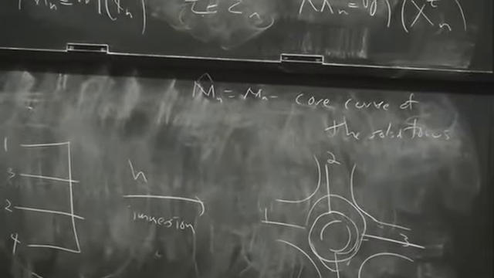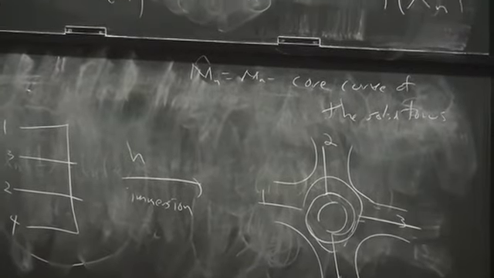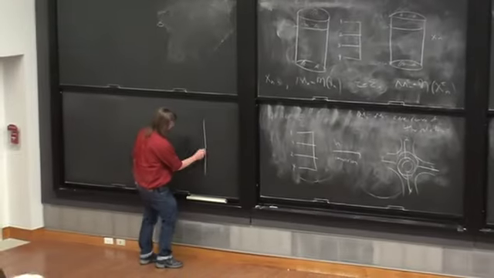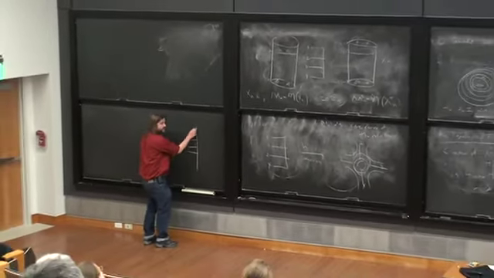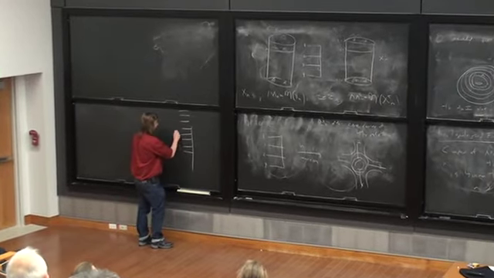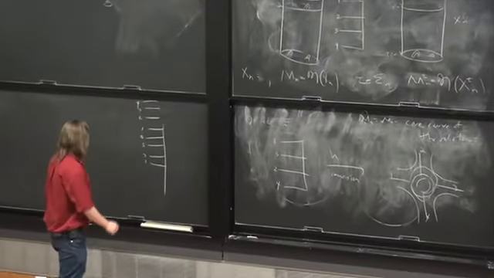Why should you believe that? Well, there's an unraveling of this cover, which goes, there's a cyclic cover of this guy, which goes 1, 2, 3, 4, 1, 2, 3, 4. And that's sort of an intermediate cover. And what does this guy lift to?